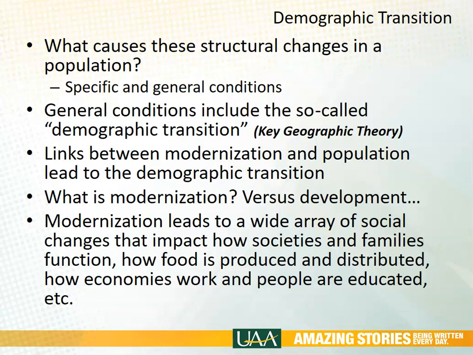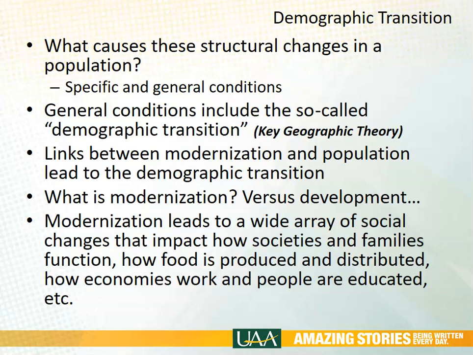And I'd like to talk about that a little bit. I'd like to talk about something called the demographic transition, which is a key geographic theory. This demographic transition argues that there are important links between, on the one hand, modernization, and on the other hand, population change. What is modernization?